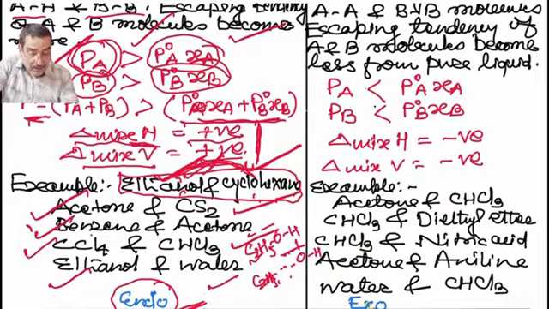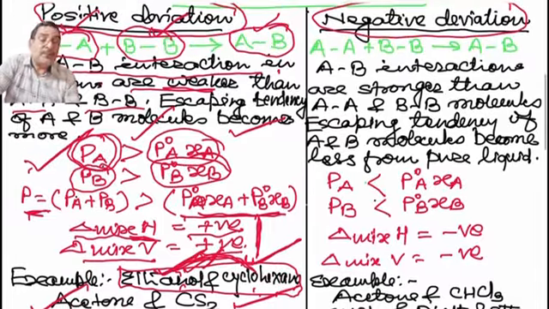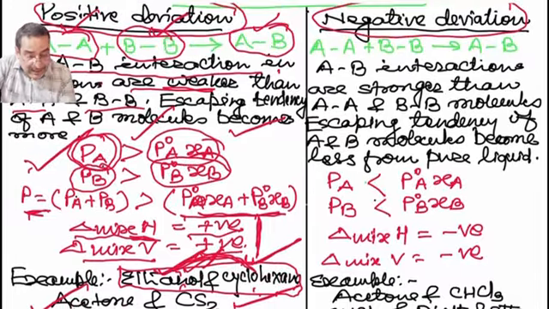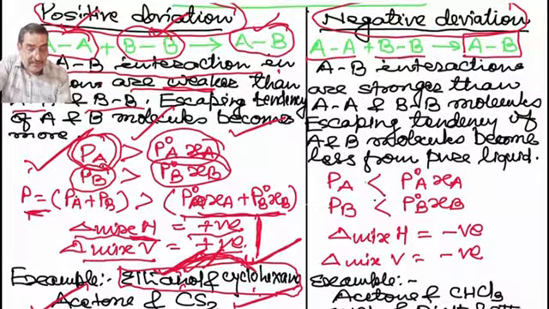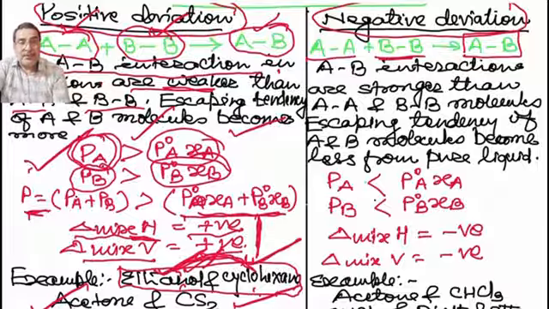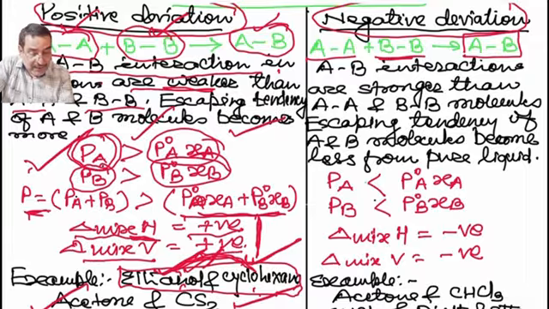Now come to the second part, negative deviation. If the interaction of A-B is strong, what happens? The escaping tendency is very, very less. The condition is very clear: if the interaction between A-B is strong, the escaping tendency of A-A and B-B is very less.